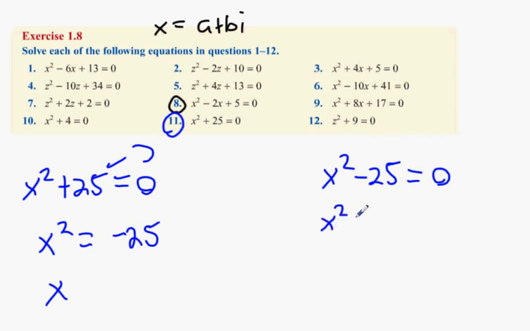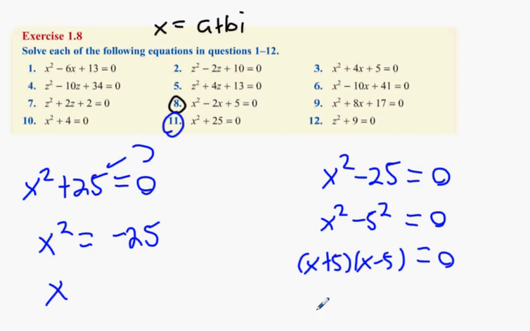You can do x squared minus 5 squared equals 0. You can then do it as x plus 5, x minus 5 equals 0. And then your two answers are going to be x equals minus 5, x equals plus 5. What is the key difference between this one and this one here? It's a plus in the middle, not a minus. That's how you tell the difference.